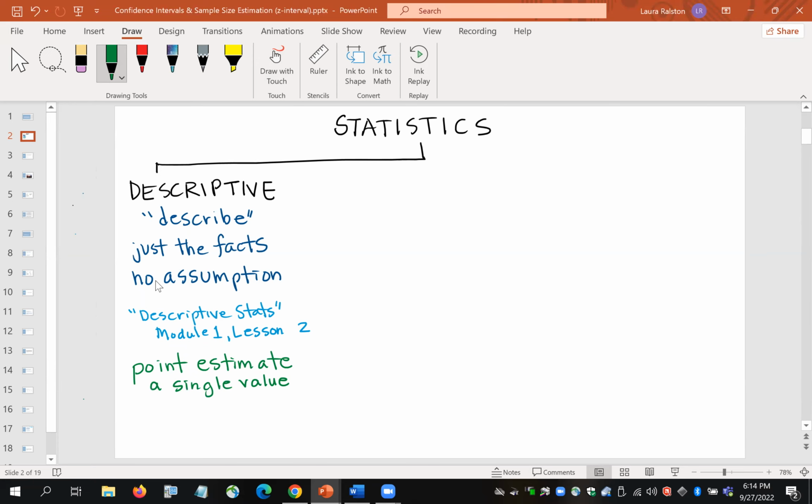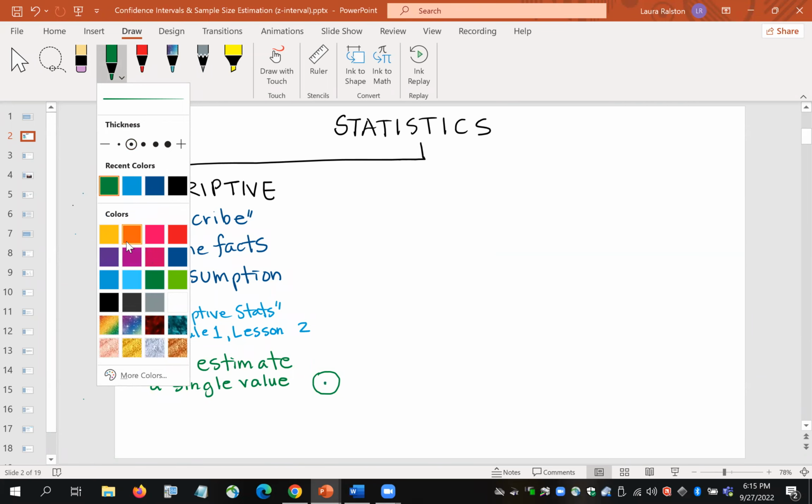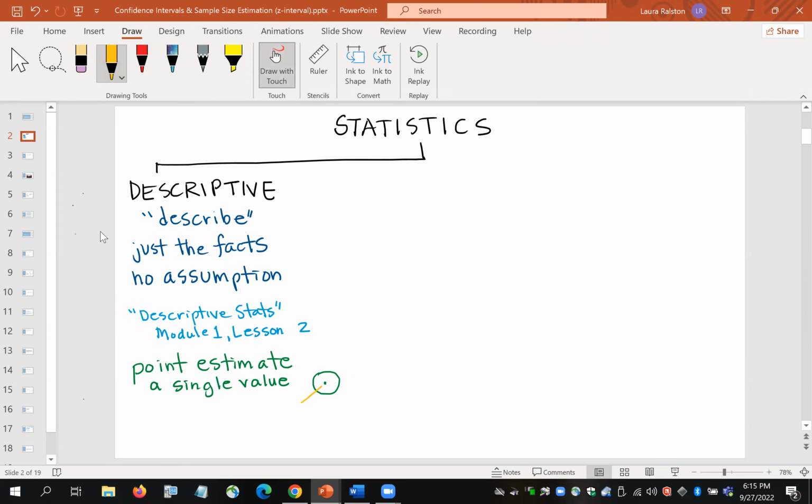There's nothing wrong with a point estimate, and we'd like to think that we're correct. But if you think about it like a target, it's like you've got this little bitty dot right in the center, your little bitty bullseye, and you're saying that your mean, your median, your mode is exactly that one little speck on the target.